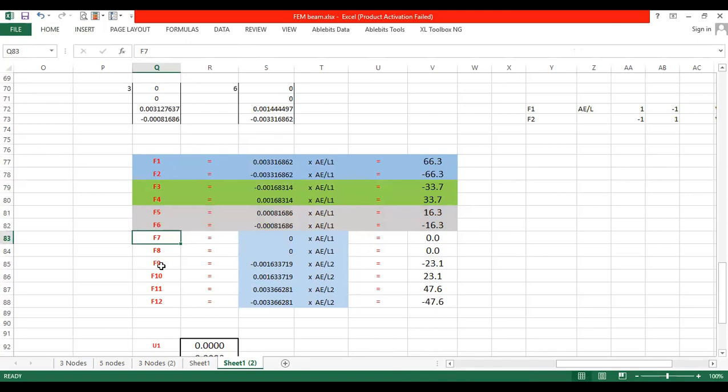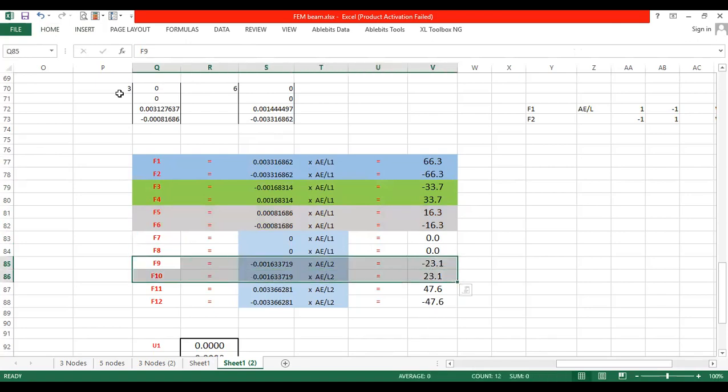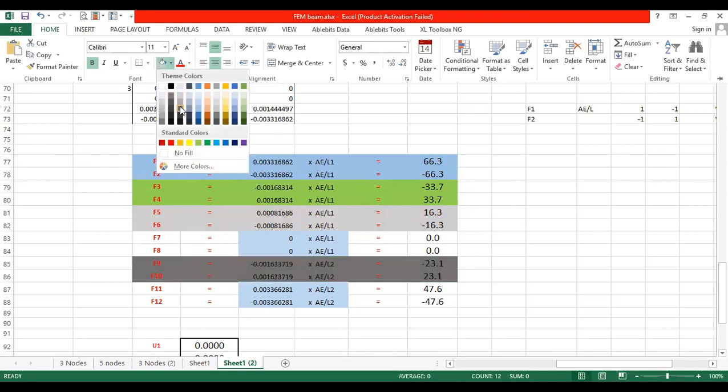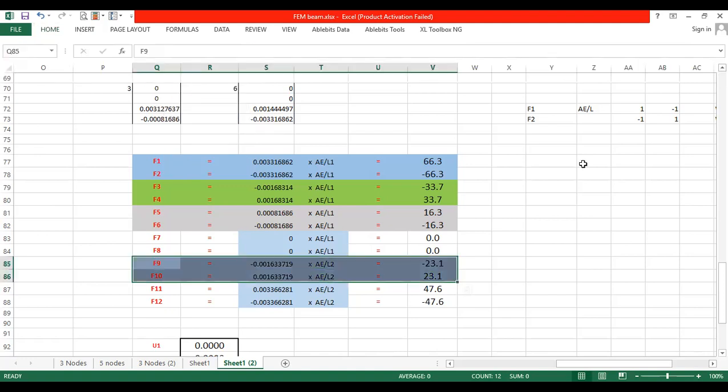Same here for the zero member, the sign is changed. So what does this imply? F1 is 66 and minus 66. So we shall see.